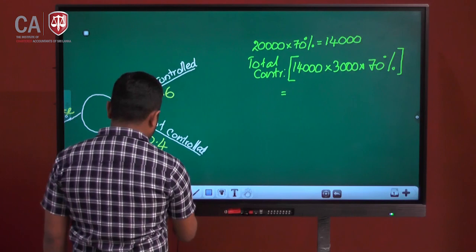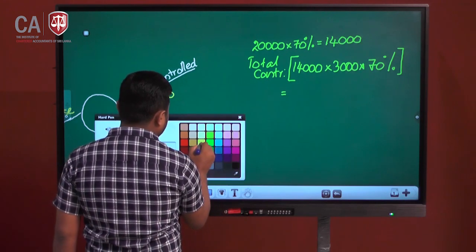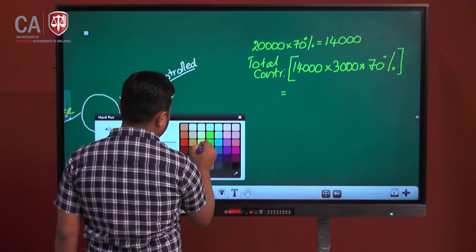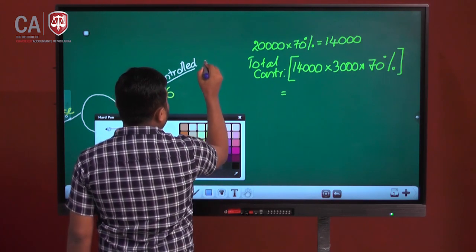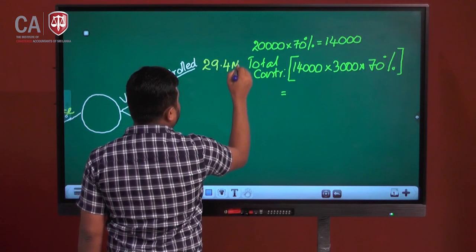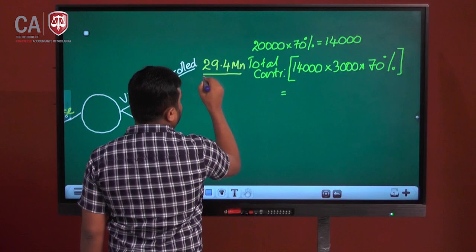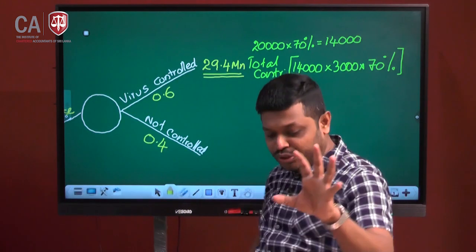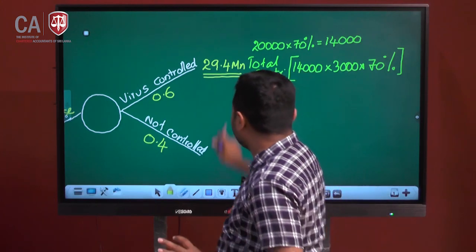If the virus is controlled, you can get 29.4 million.